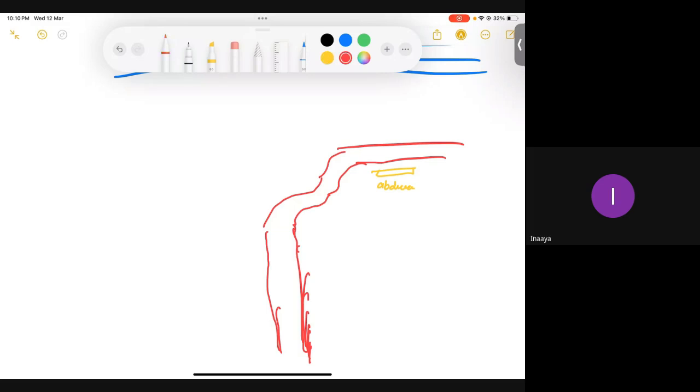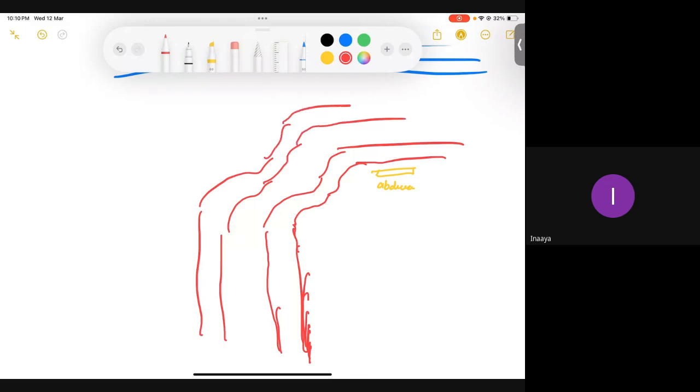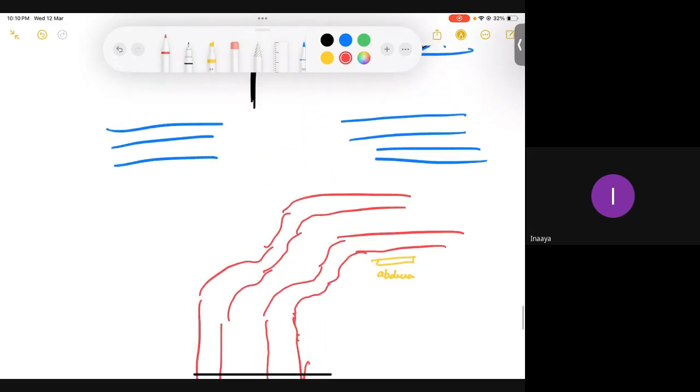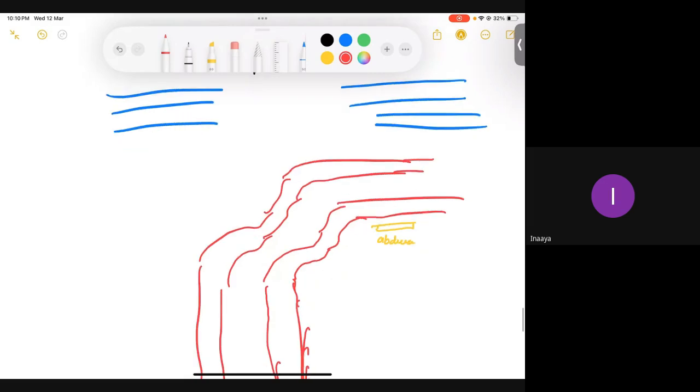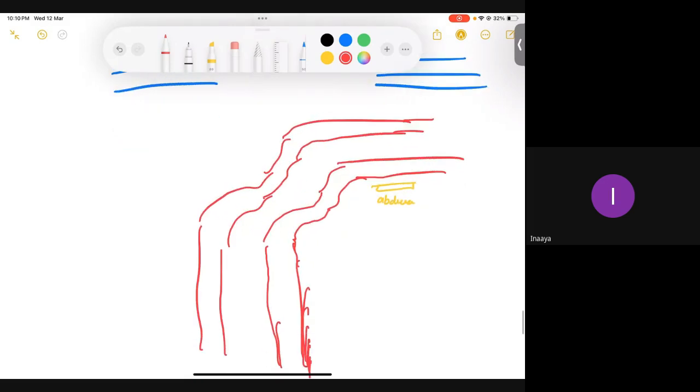So the internal carotid again is going to move through the carotid canal, through the foramen lacerum. Once the internal carotid comes in, it's going to give ophthalmic branches, right? So the cavernous sinus corresponds to which place in this diagram?